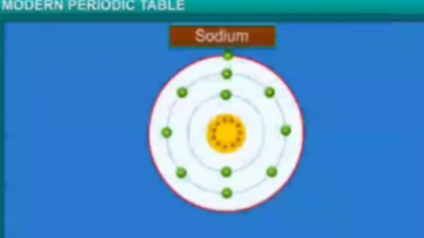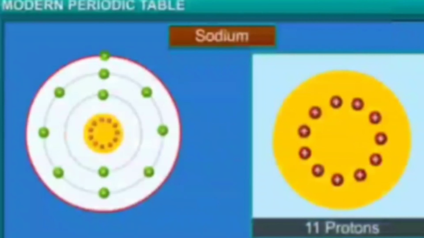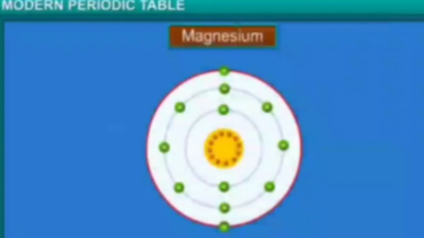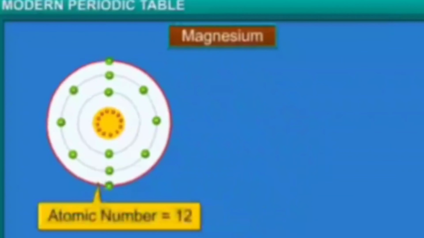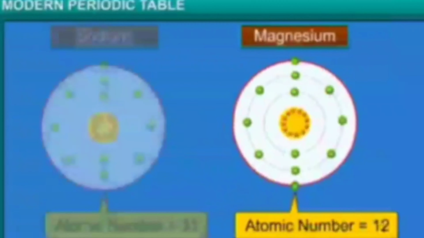Like sodium, which has atomic number 11, contains 11 protons in the nucleus and also 11 electrons. And magnesium, which has atomic number 12, contains 12 protons.